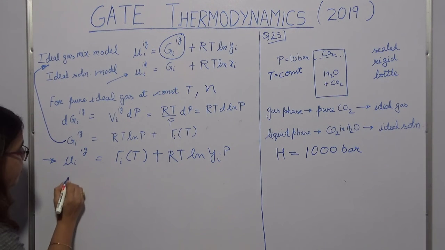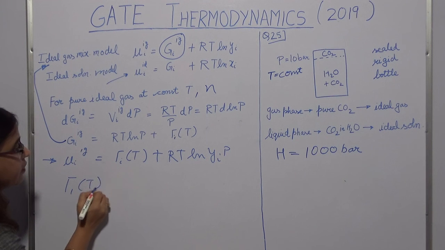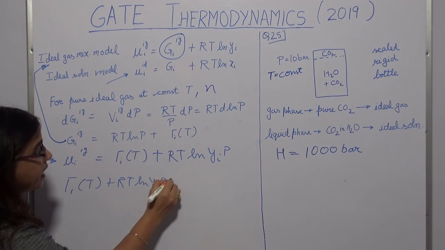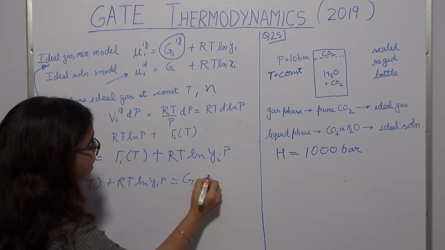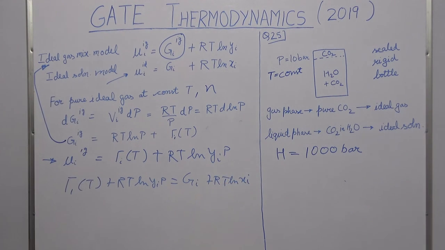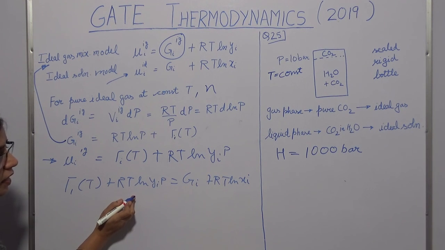So that will be my constant of integration plus RT ln Yi P, equal to Gi plus RT ln Xi. Now rearranging this equation, let's combine these ln terms.